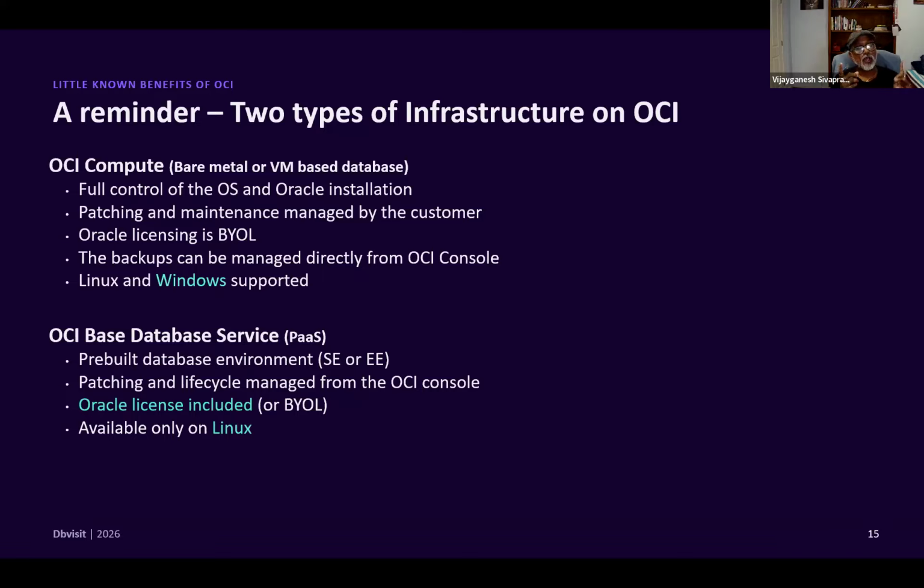And there's an option for you to bring your own license, or licenses included, but this is available only on Linux environments. So these are some of the typical environments that are available from an infrastructure point of view in OCI. We are not covering Exadata systems or autonomous database systems because from a hybrid standpoint, they are not relevant.